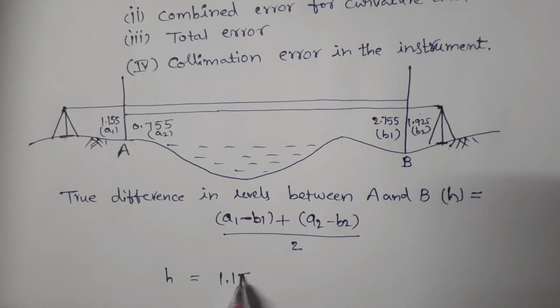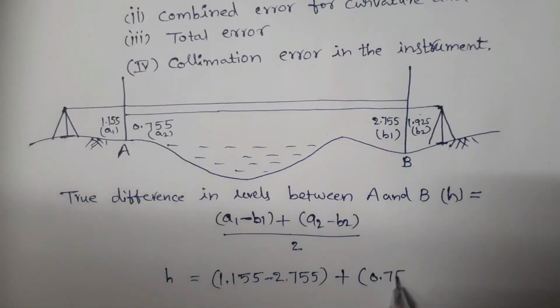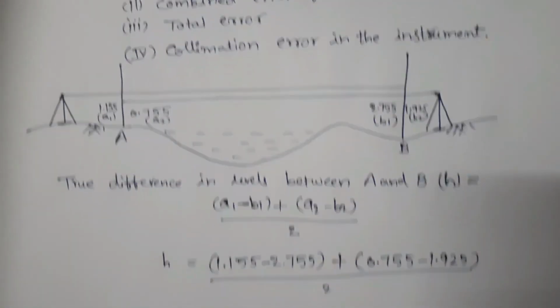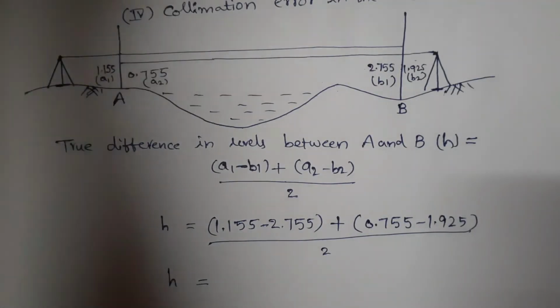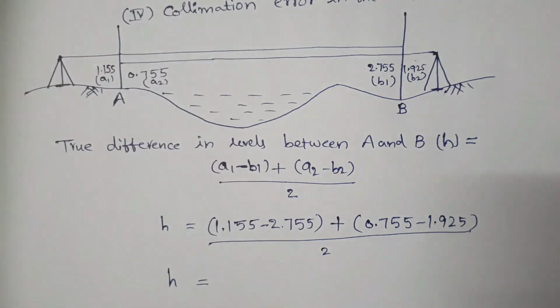That is 1.155 minus 2.755 plus 0.755 minus 1.925, divided by 2. H is equal to minus 1.385 meters.